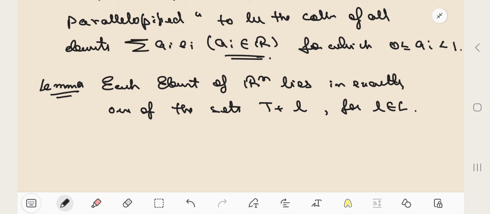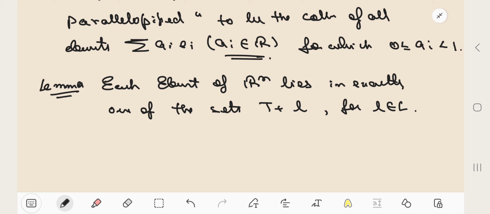So this means that if I take the fundamental domain and I translate it by some element from the lattice, then I will eventually cover the whole of Rn. That is exactly what we are talking about in this case. Okay. So let us quickly talk about a proof of it.